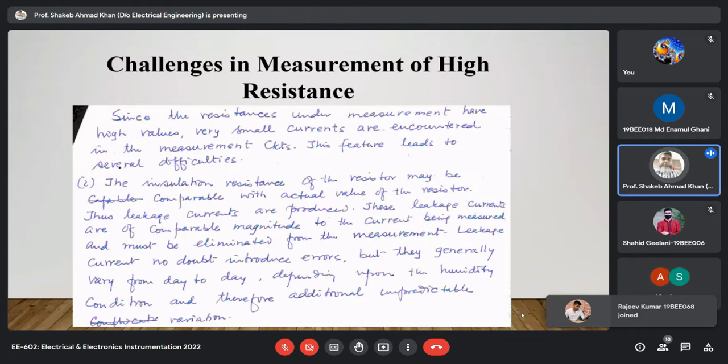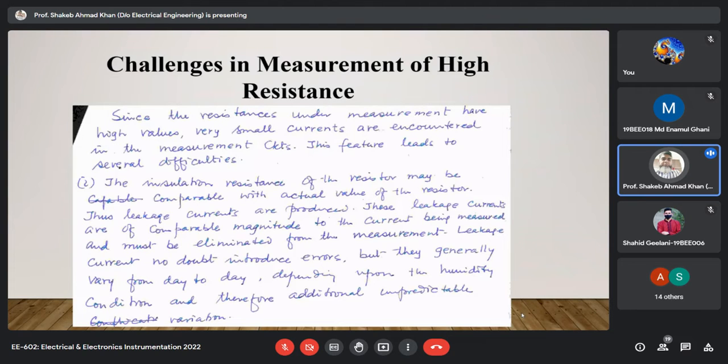Although we were discussing the different issues which we are supposed to deal with if we are measuring the high value of resistance. Generally, as I told you, that high value of the resistance is either discrete resistance or resistance of insulation. Generally, it is resistance of insulation.